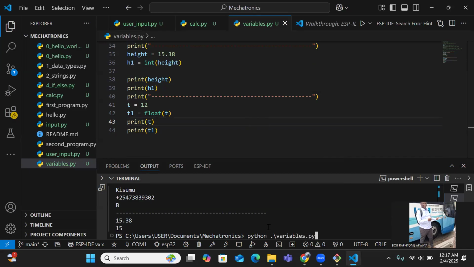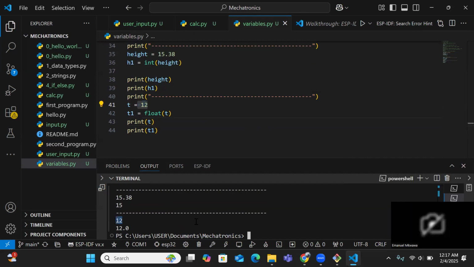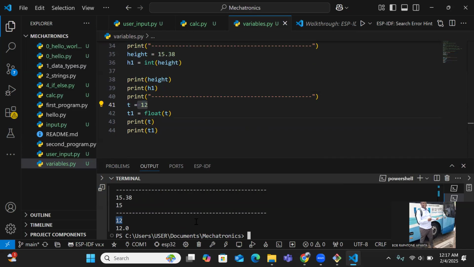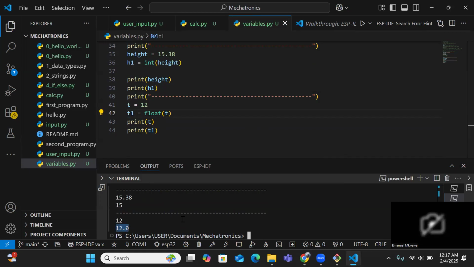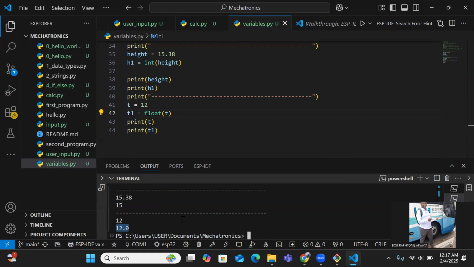Then you see t was 12, which was an integer, and t1 is now a float with a decimal place. So that is how you use those variables.